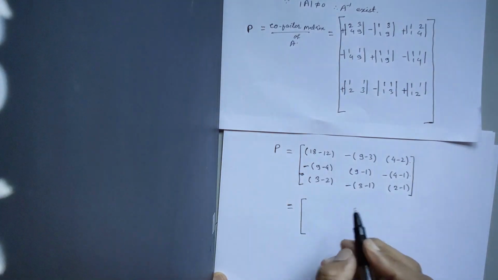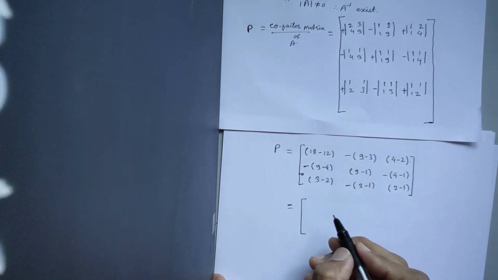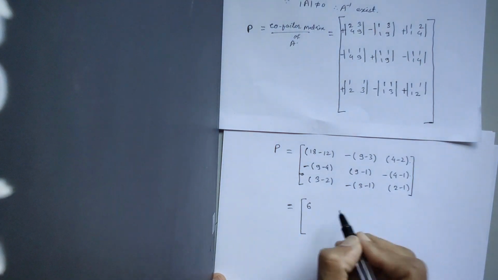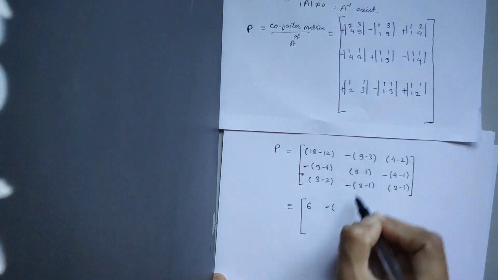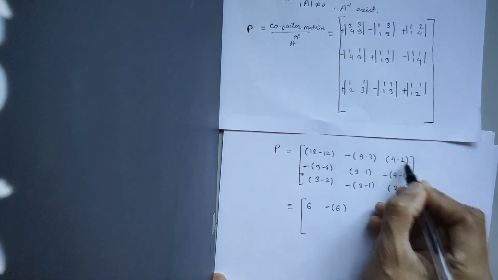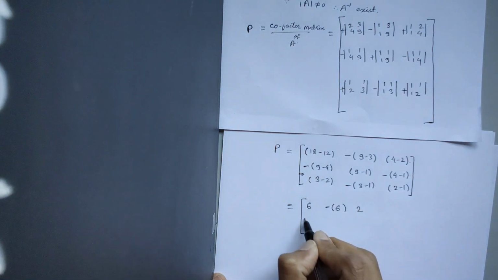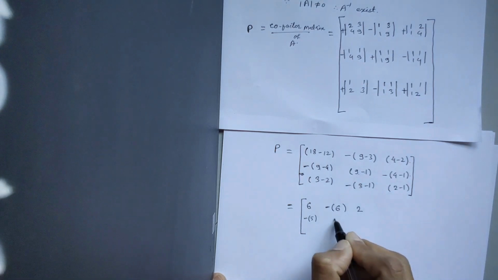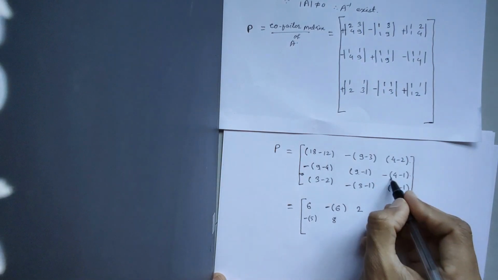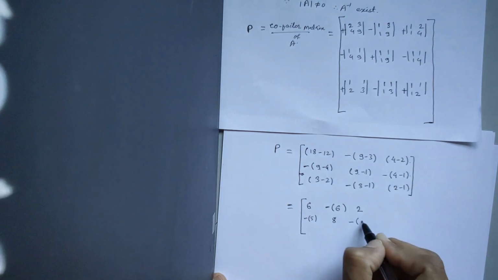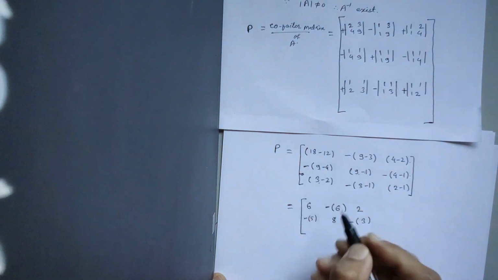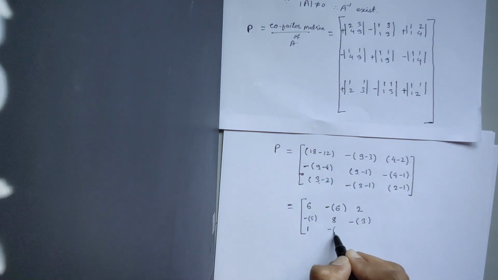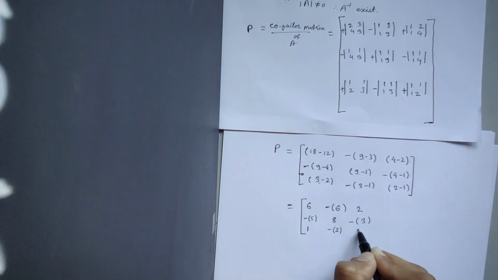Just calculate it. So I will get 6, 6, 4 minus 2 is 2, minus sign outside, 9 minus 4 is 5, 9 minus 1 is 8, minus sign outside, 4 minus 1 is 3, 3 minus 2 is 1, 2 minus 1 is 1.